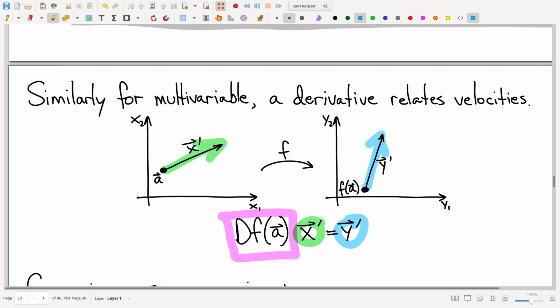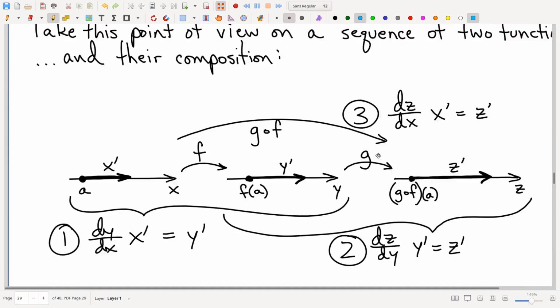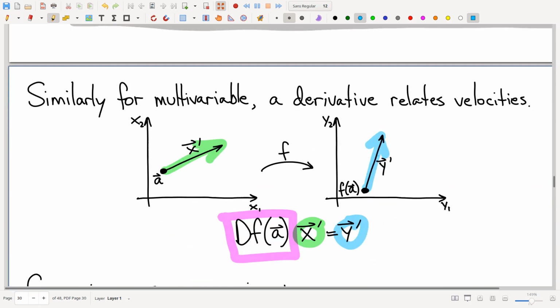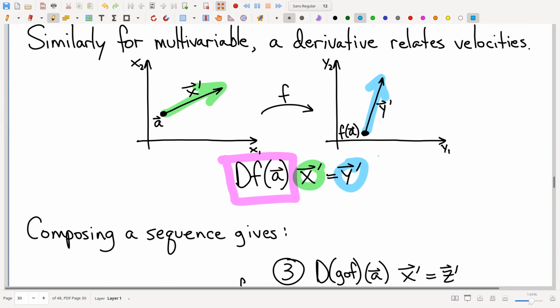They're vectors and matrices, not scalars, but strategically, structurally, notice it's morally the same idea that we were using over here. Is that cool? So here the derivative is a scalar factor that you multiply by scalar input to get scalar output velocities. Here, a derivative is a matrix factor that you multiply by vector input velocity to get vector output velocity.